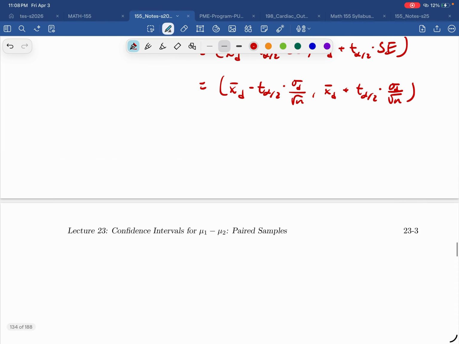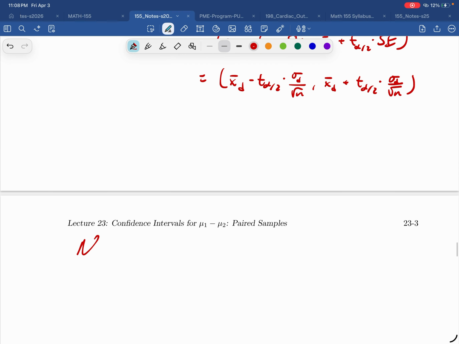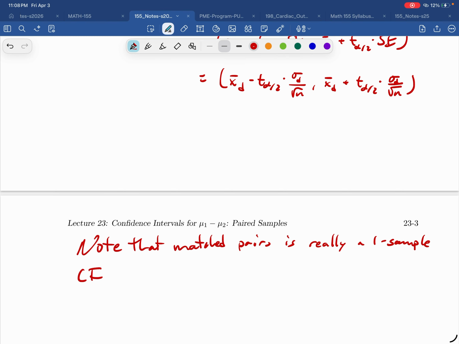And I also just want to make the point, note that matched pairs is really a one sample confidence interval on, I guess I should say on D, which again is x1 minus x2.